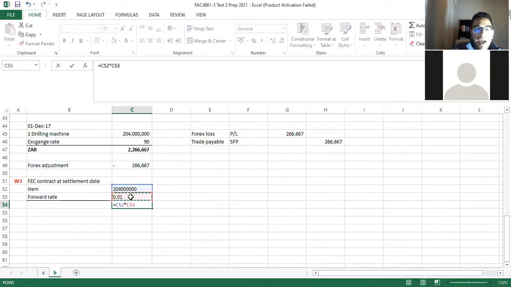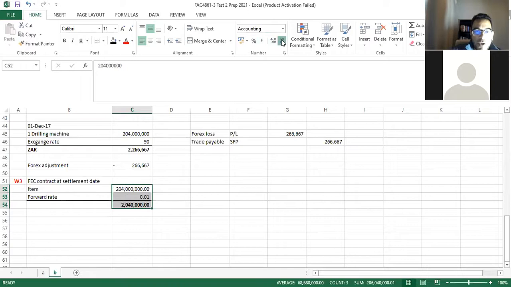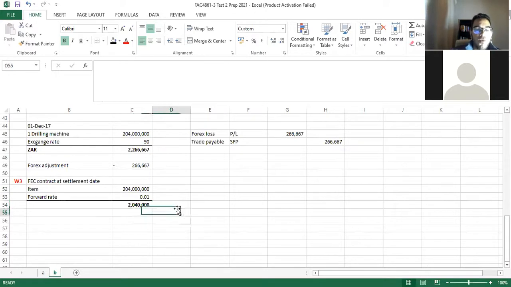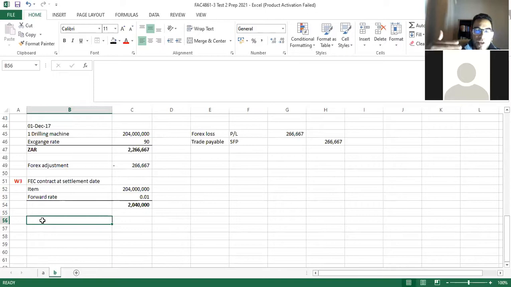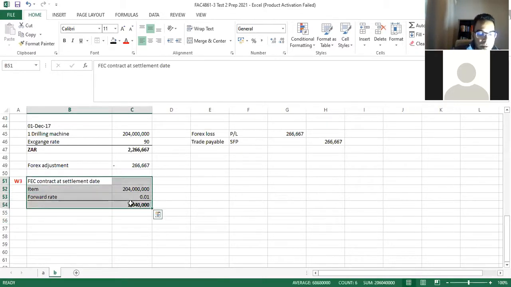So on 1 February 2018, we are going to pay the 2040. No matter what happened, on 1 February 2018, we're going to pay 2040. Now we want to compare it with the forward rate at 31 December 2017.